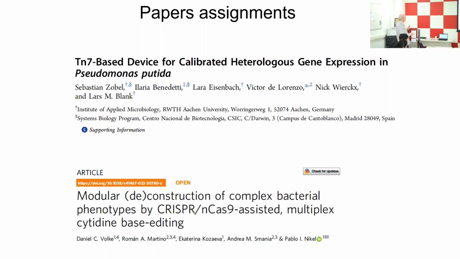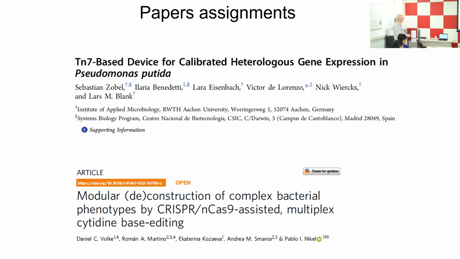So that's something that you may get some inspiration from, in case you are curious to take a look at that paper. Okay, then there's this other paper that came out just a few weeks ago, and it's super interesting. It's this idea of creating multiple mutants in the genome of Pseudomonas putida, but it could be applicable to many other bacteria, with this cytidine-based editing.